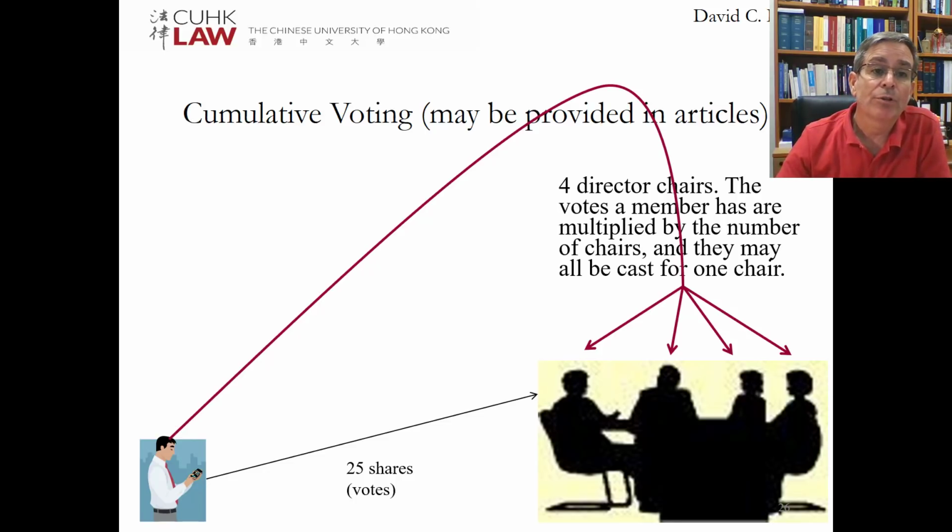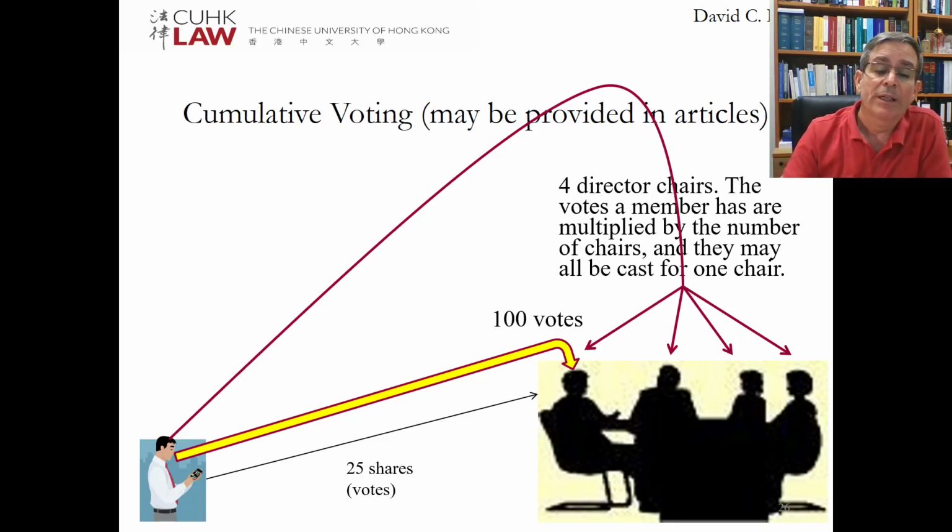However, if we introduce cumulative voting, what we allow this minority member to do is take all of their votes, 25, 25, 25, for the 4 directors, combine them, and focus them on a single, or let's say 2 directors.